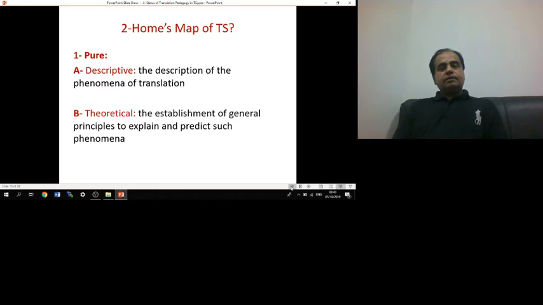What is pure translation studies? Its descriptive part is the description of the phenomenon of translation. We just describe, we just tell what we see as scholars, as researchers, as students. This is the description. If I say I'm going to describe this room where you are sitting right now, I would say how many chairs are here.